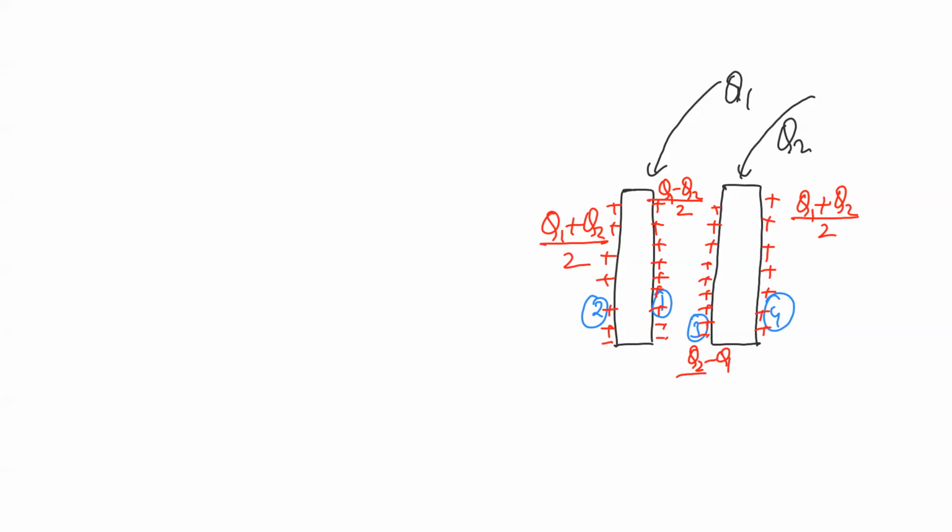Very good. Correct. So this is how, using Gauss law, we get these charges. Now we can say this is the starting of our capacitor topic. Because if we put Q1 equal to plus Q and Q2 equal to minus Q, the values change.